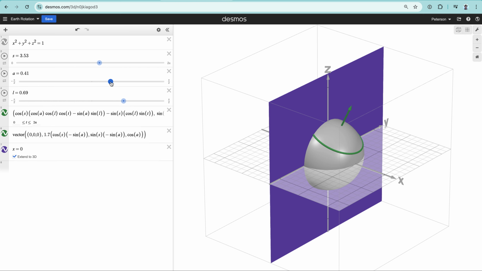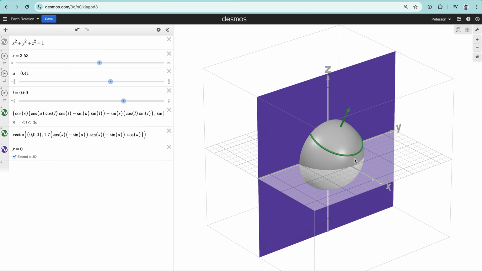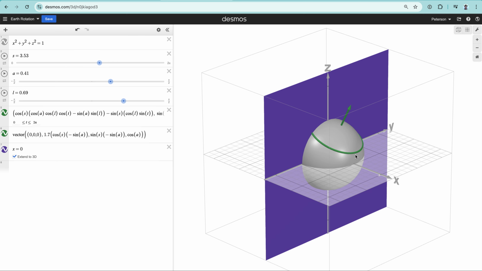I have the Earth's axis tilt. I can adjust that as a parameter, but realistically, that's about 0.41 radians. That's what that is in the real solar system. And then I have the latitude. Those are all parameters on this.